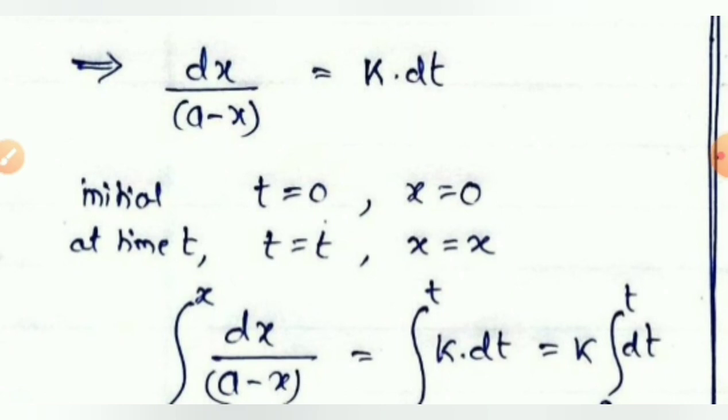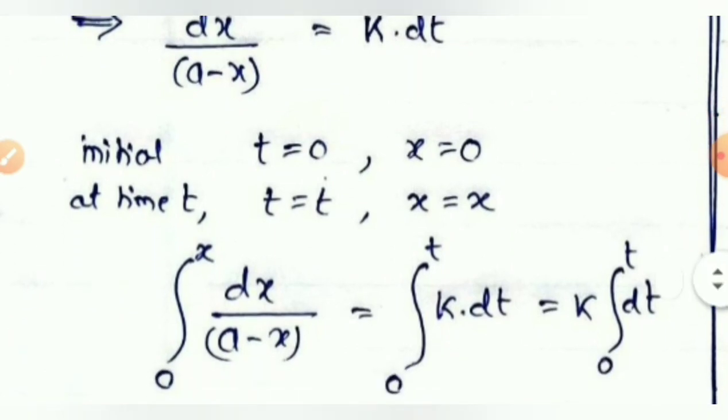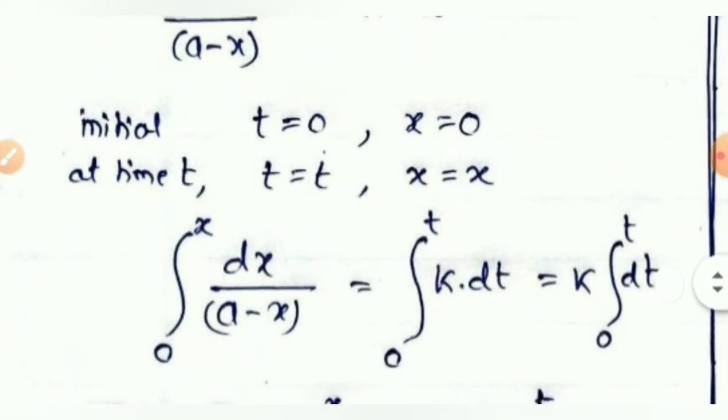Applying these upper and lower limits to the integration, on both sides, we will get the integration of dx upon A minus X within the limits 0 to x, equal to the integration of k into dt within the limits 0 to t.